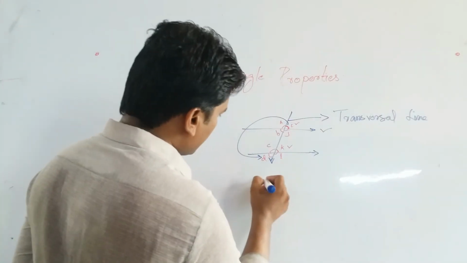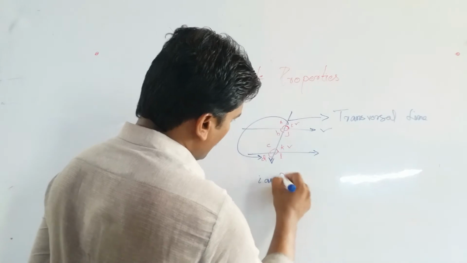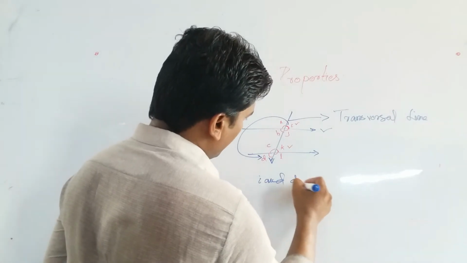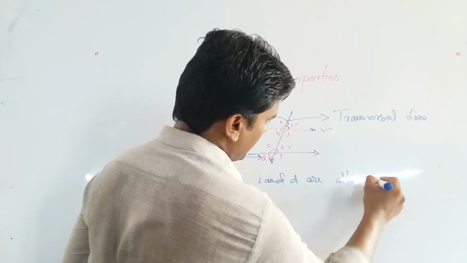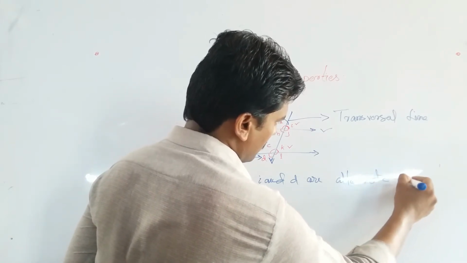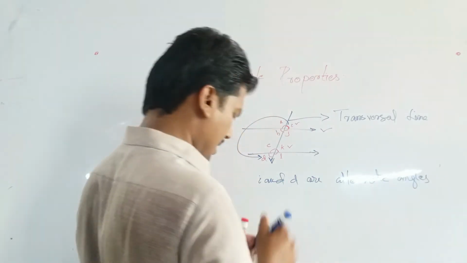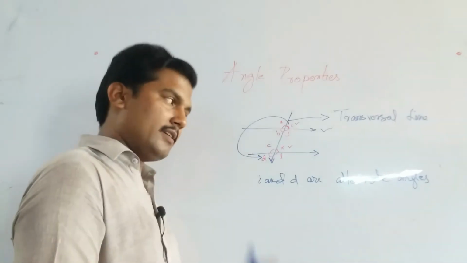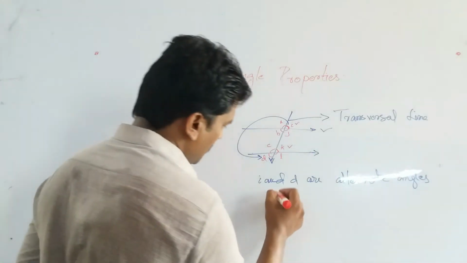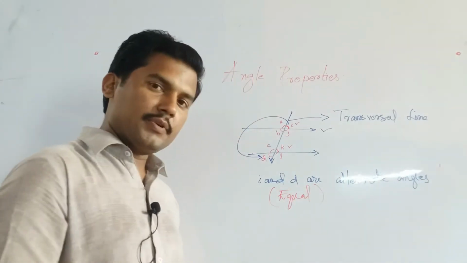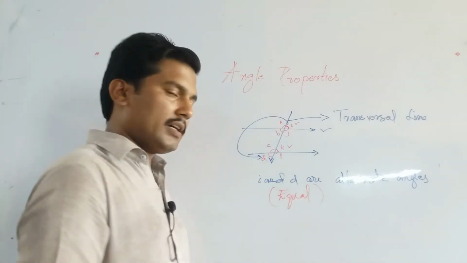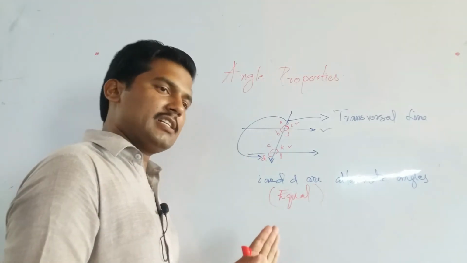Now this I and D are alternate angles, and you should know that alternate angles are also equal. I'm writing here, equal. So find other alternate angles.